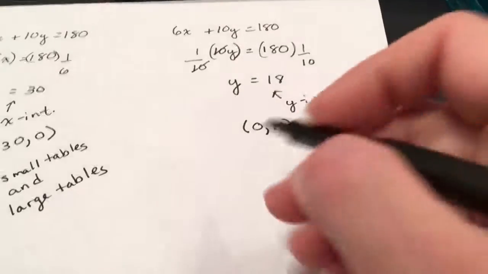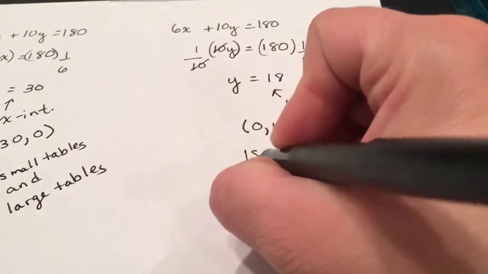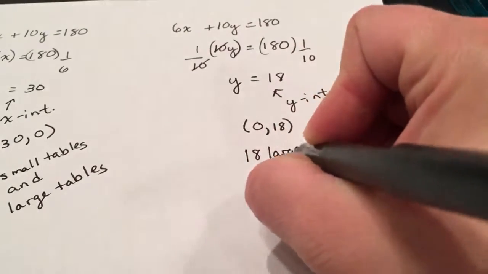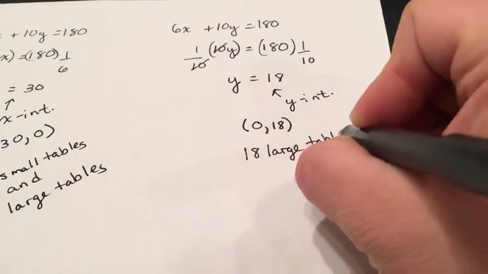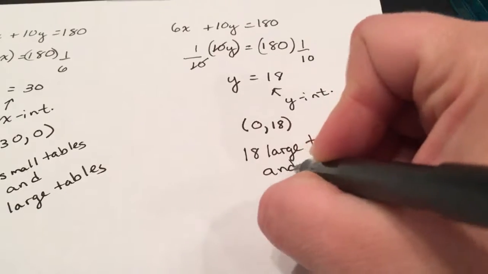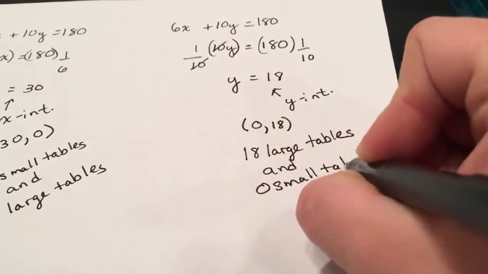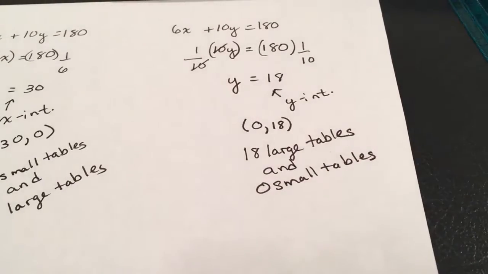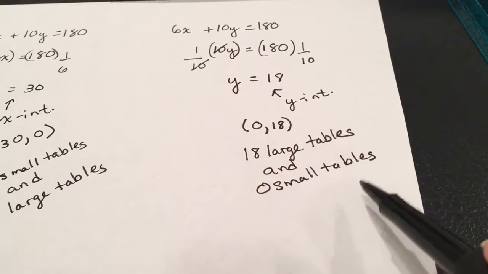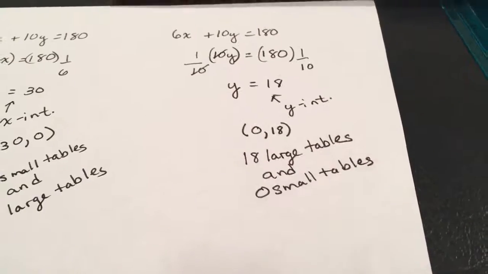This means there are 18 large tables and 0 small tables, because x represents the small tables and y represents the large tables.